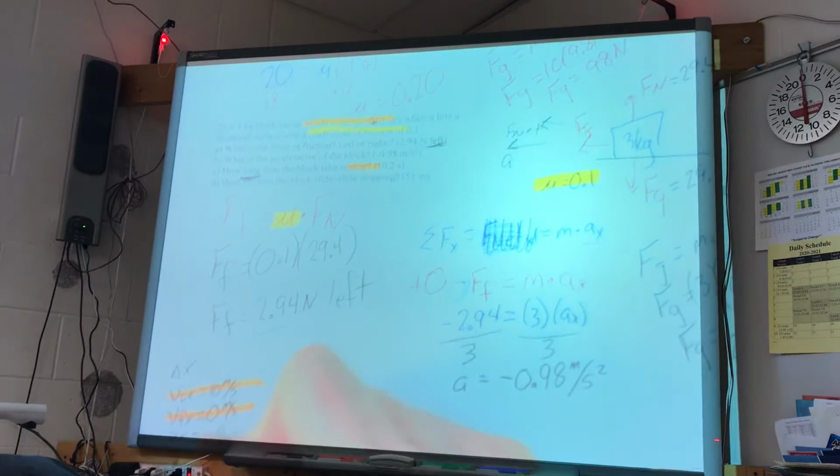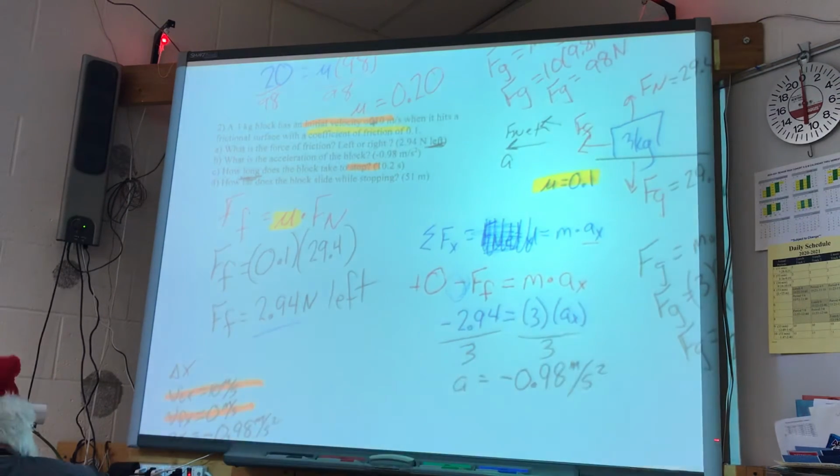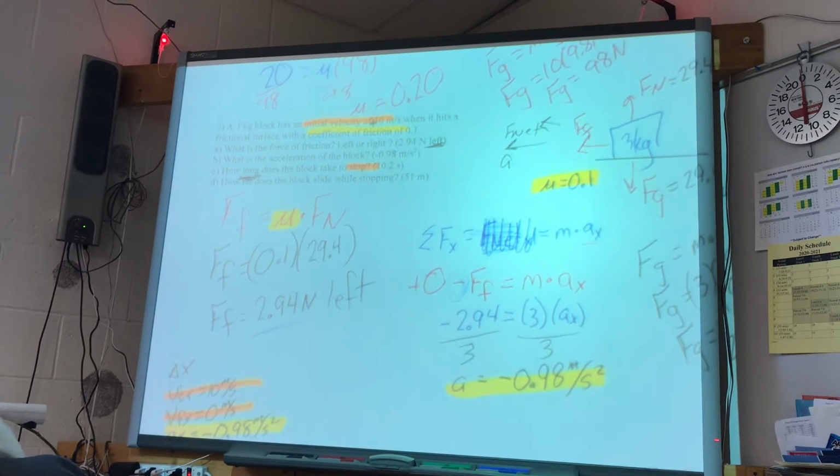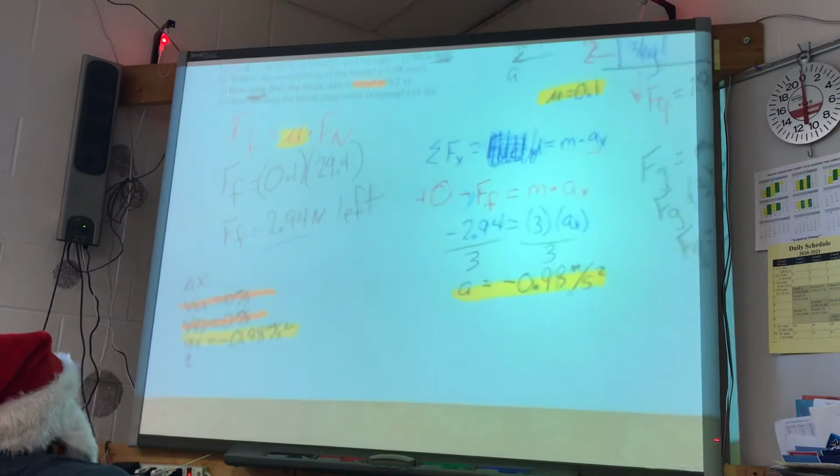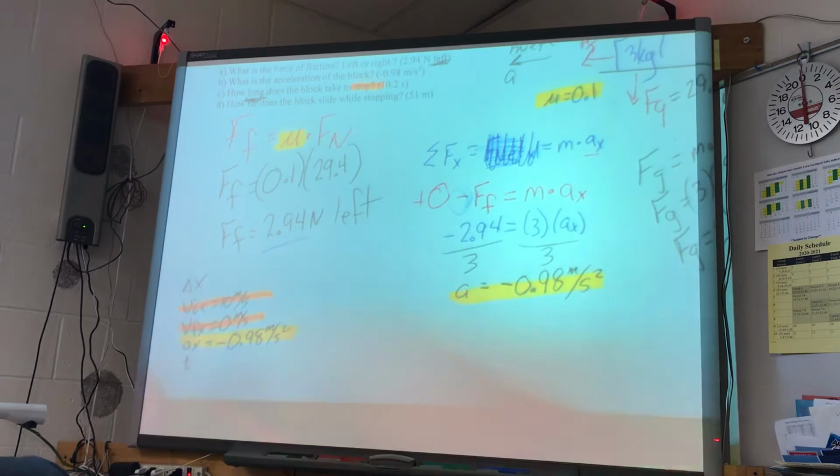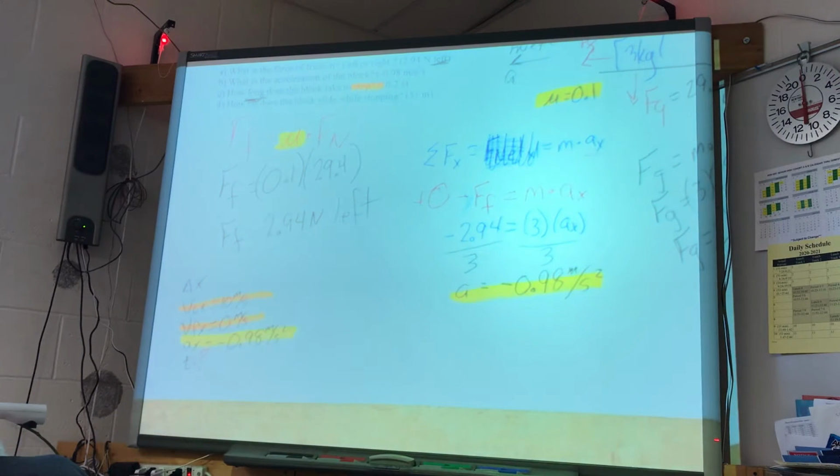My acceleration is negative 0.98 meters per second squared. And that came from our Newton's second law. And then we're trying to determine time.